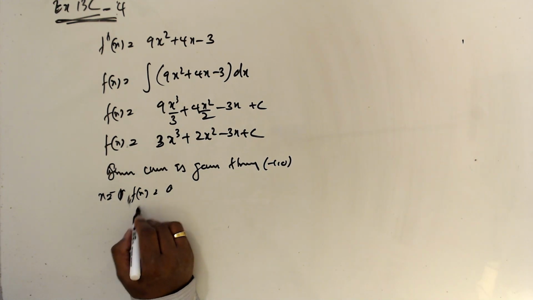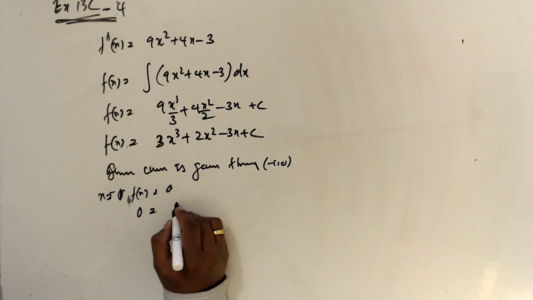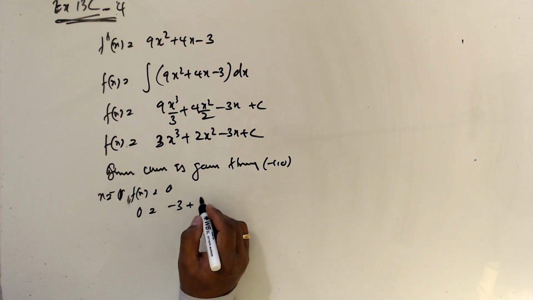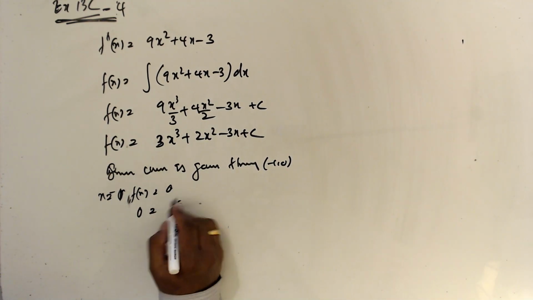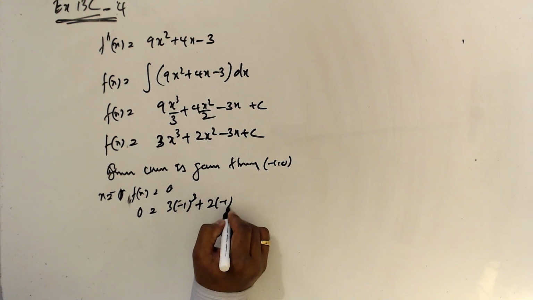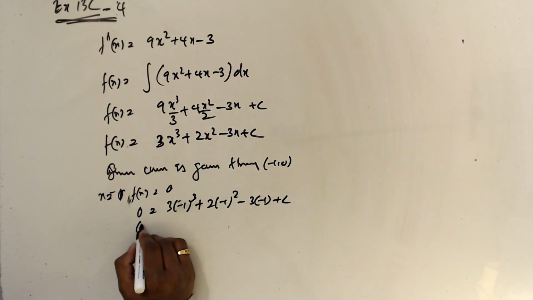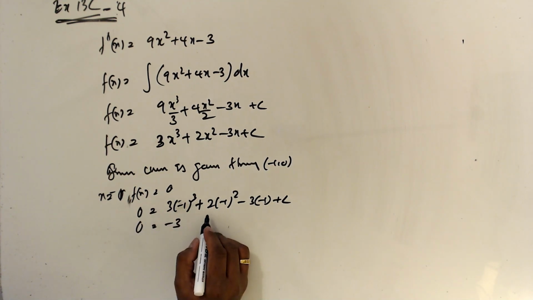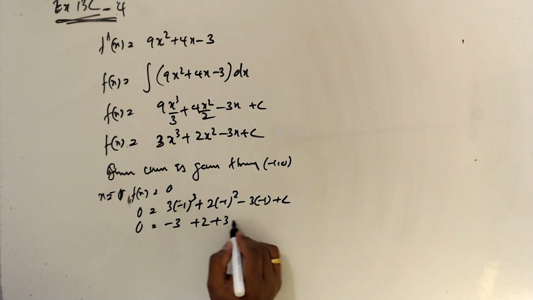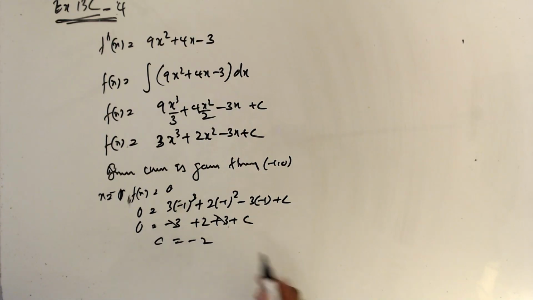So 0 equals, we'll do a proper job, 3 times minus 1 cubed plus 2 times minus 1 square minus 3 times minus 1 plus c. So this is going to be minus 3 plus 2 plus 3 plus c. So this cancels out, c equals minus 2.